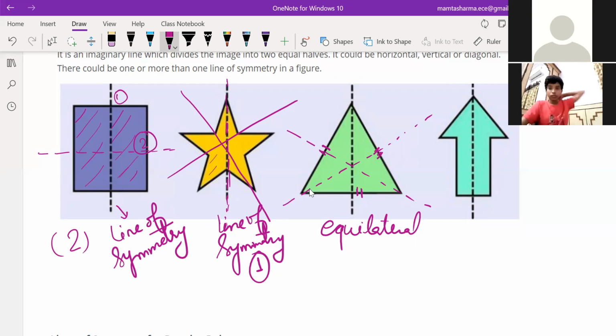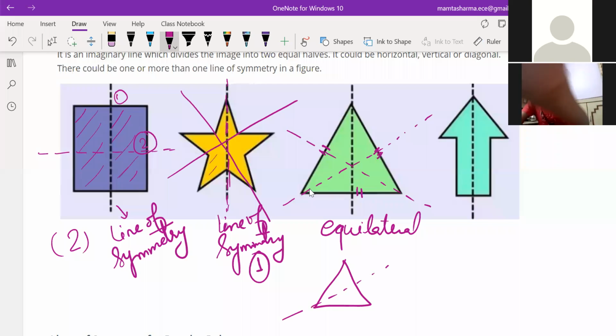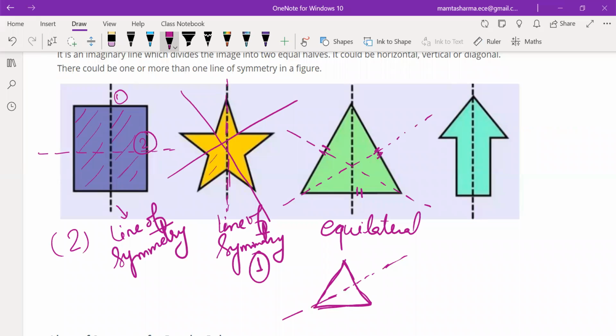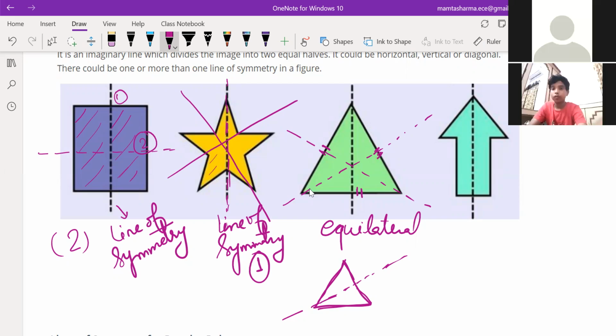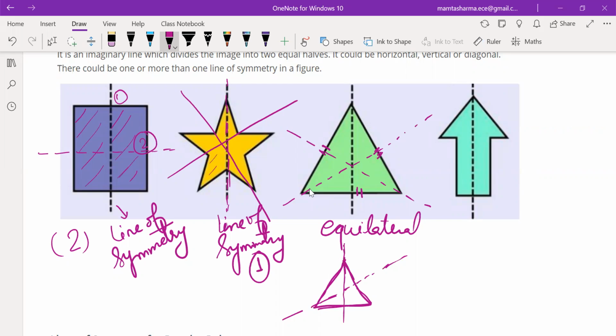Clear? If we draw this line, then also the two parts would be the same. If we fold it along this line, both parts will cover each other. Or I can draw the line of symmetry like this one.